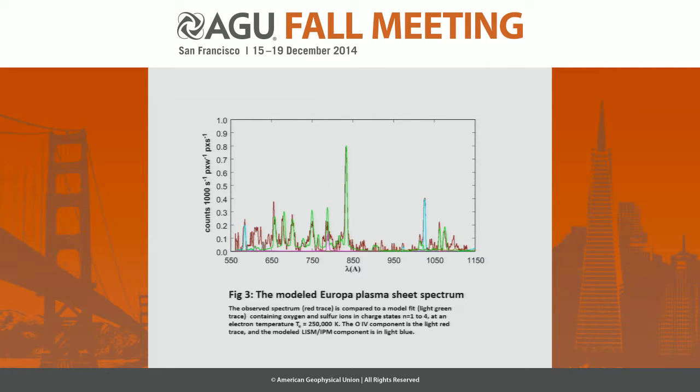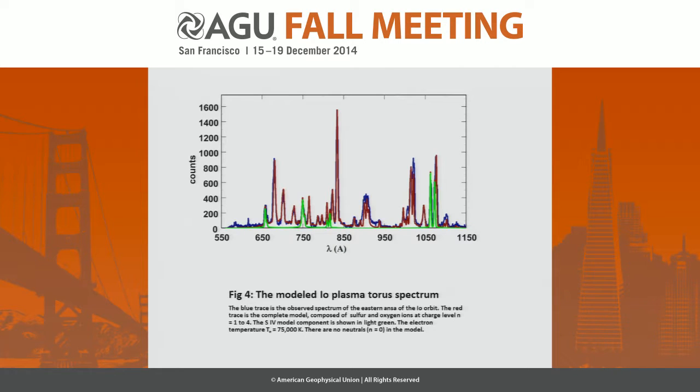So this is the Europa plasma sheet against the model, and again, the model doesn't pick up these features in here. And here's the Io torus and the fit to the torus. The blue line is the data, and the red line is the model, the total model. The light green is the sulfur 4 component, so it's a good fit. And that's a 75,000 degree plasma.